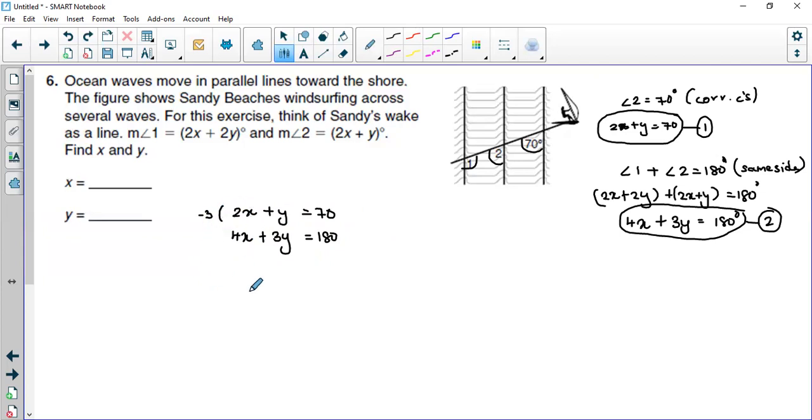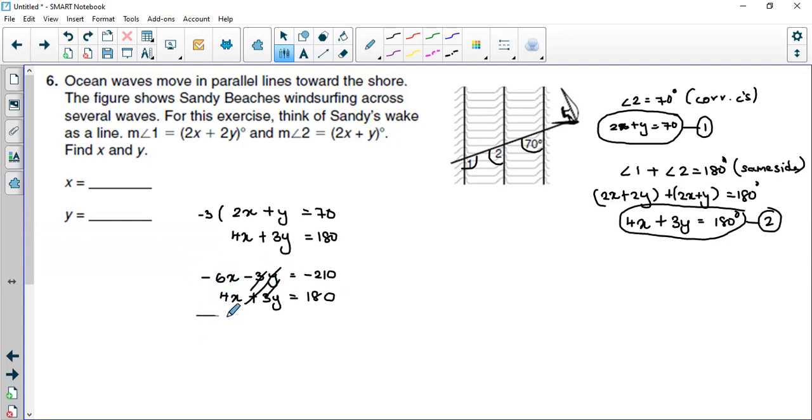So if you would multiply this, the new equation you're going to get is negative 6x minus 3y equals negative 210. The other equation remains the same. Now that we have two 3y's same, but one is negative, one is positive, we could simply cross that out. What's left for us?